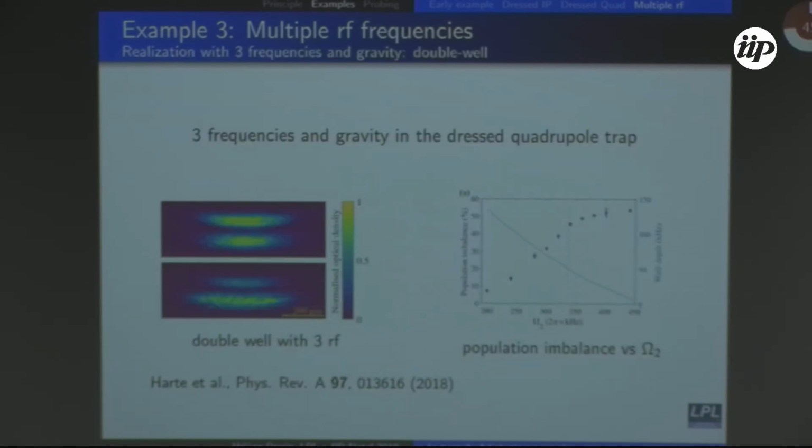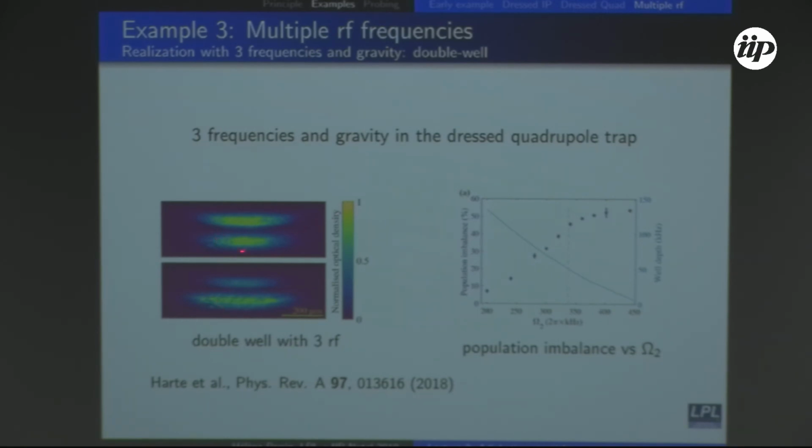So this is an experiment by Chris Foote again, a recent paper by Tiffany Harte and colleagues, which appeared last year, where they demonstrated two shells, one inside the other, where they could even balance or unbalance the number of atoms in either shell. This is done with 3 frequencies.